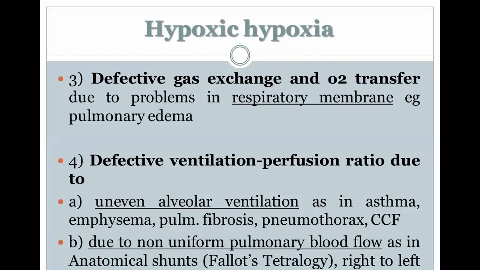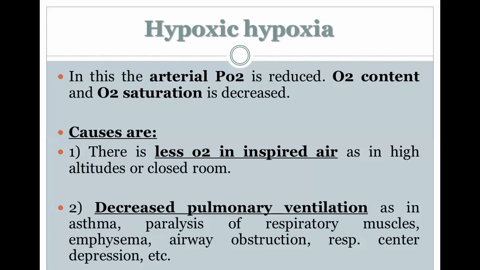There is no problem in CO2 here. Here there is a problem in CO2, yes. Okay. And the first one, there is no problem in CO2. How do we differentiate between number 1 and number 3? From the AA gradient, the alveolar-arterial gradient. Number one, the gradient will be normal.